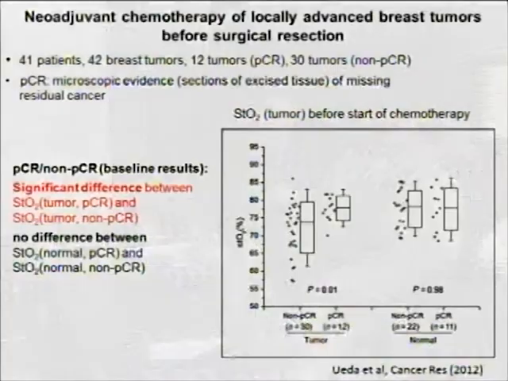The group had measured optical spectroscopy prior to chemotherapy, and there were no differences between the two groups apart from blood oxygen saturation. The normal breast tissue didn't differ, but the tumors differed. The non-complete responders had on average smaller blood oxygen saturation, which corresponded to our blue group.